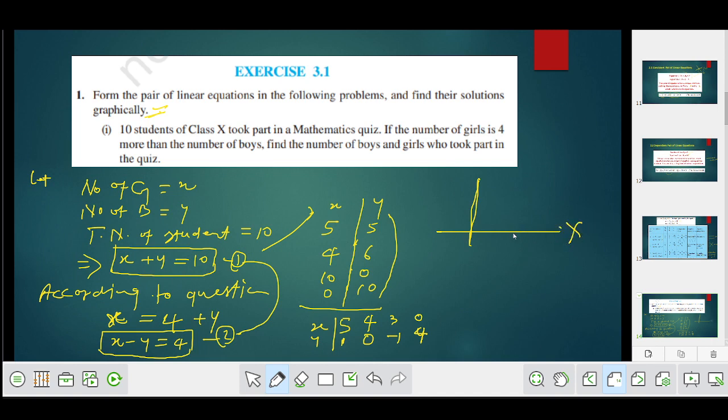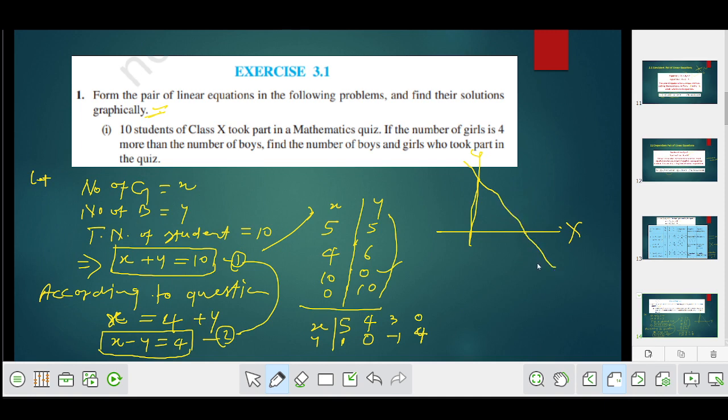This is the x axis, this is the y axis. To find where it cuts the axis, we put y equal to 0, because on the x axis y should be 0. This point is enough, so we can draw this line.